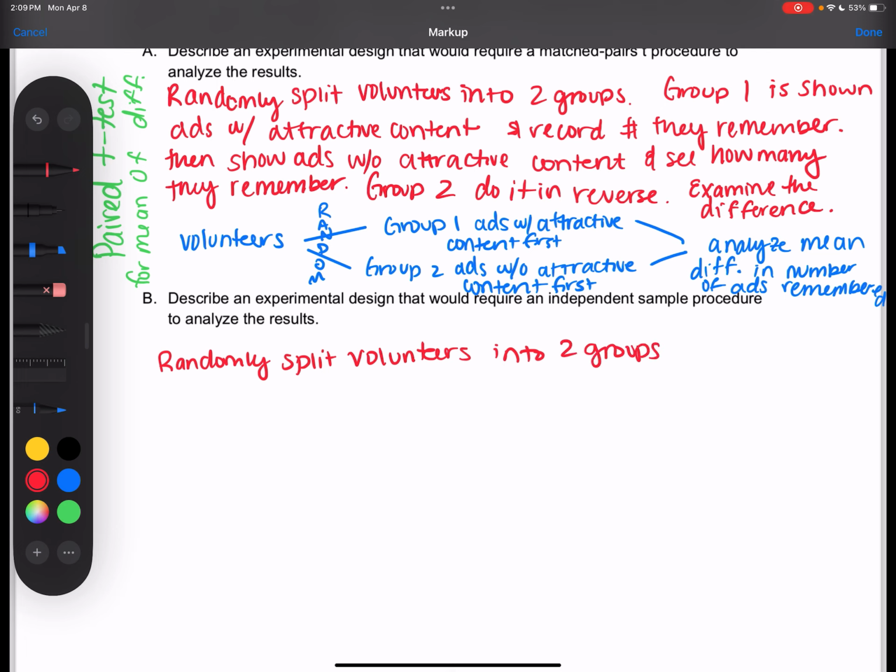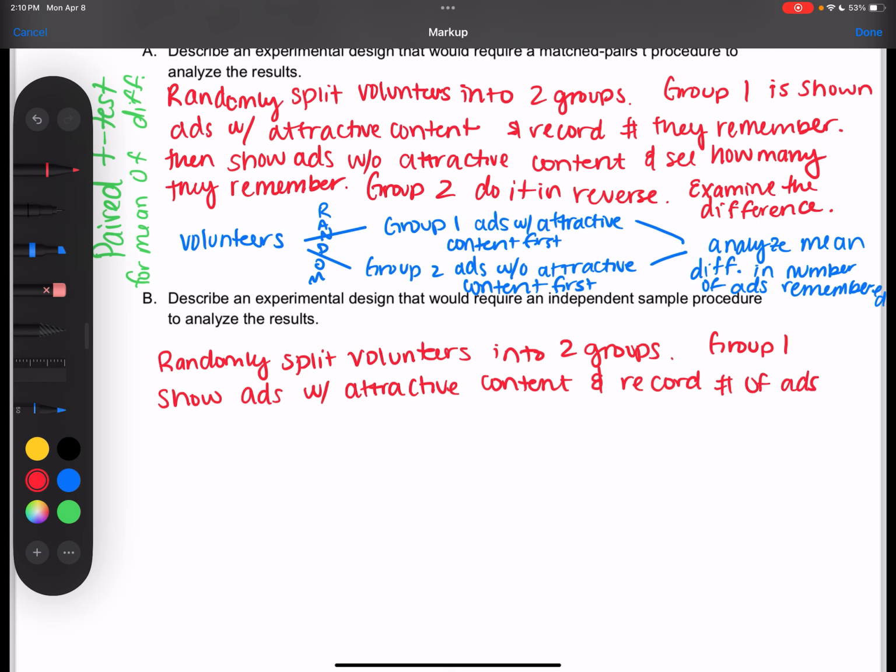However, this time it's going to be a little different. Group 1 is shown ads with attractive content, and record number of ads remembered.